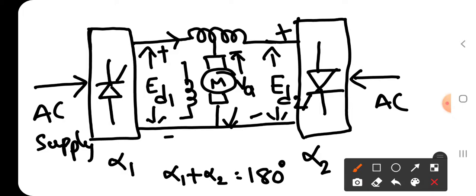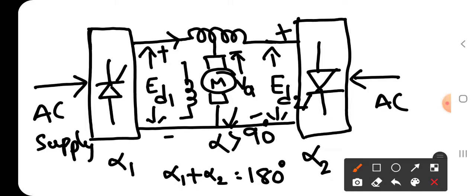That means if converter 1 acts as a rectifier, then converter 2 acts as an inverter, because for firing angle alpha greater than 90 degrees the converter acts as an inverter, and for firing angle less than or equal to 90 degrees the converter acts as a rectifier.